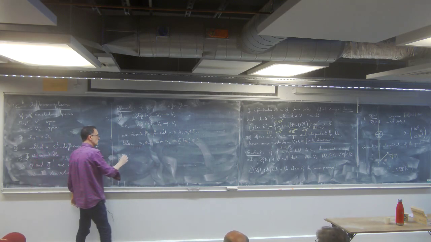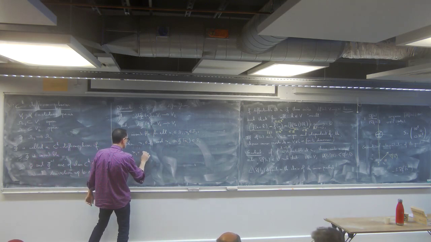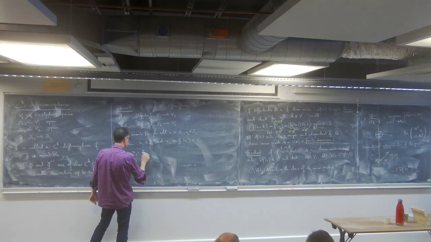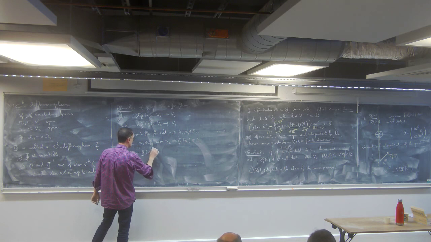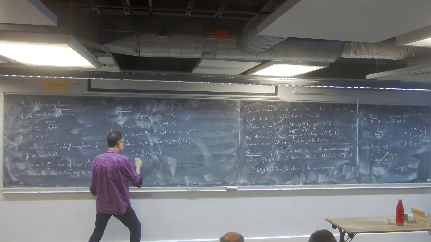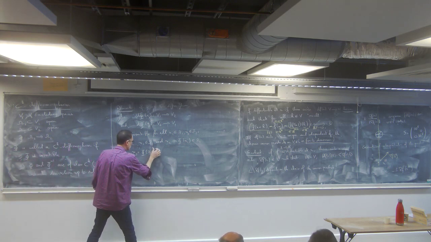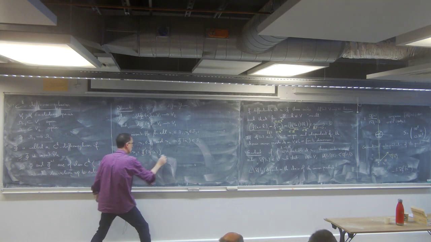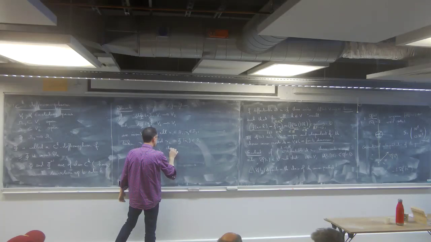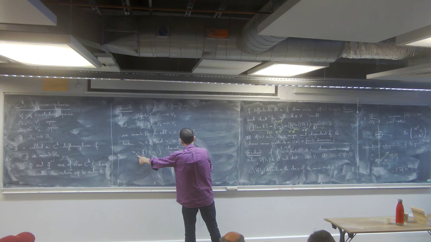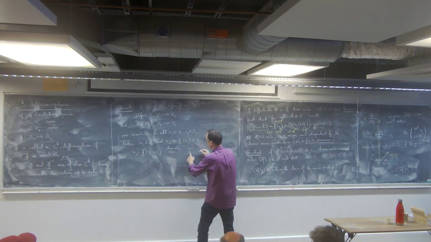And then I apply the chain rule to the relation that x is equal to phi of phi minus 1 of x. When I differentiate that, I get the identity.